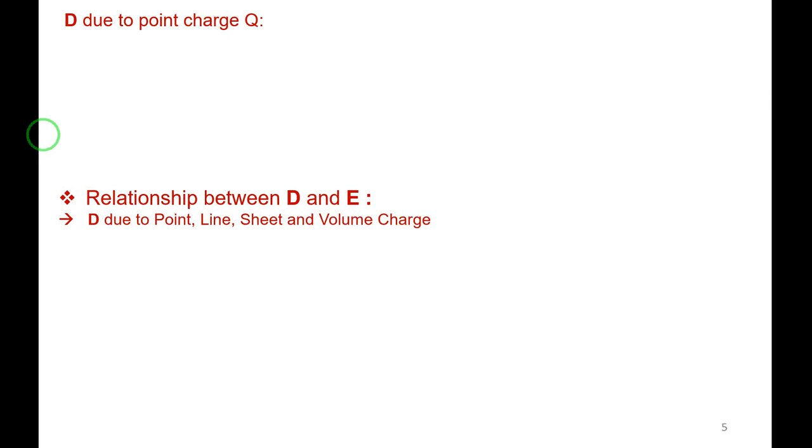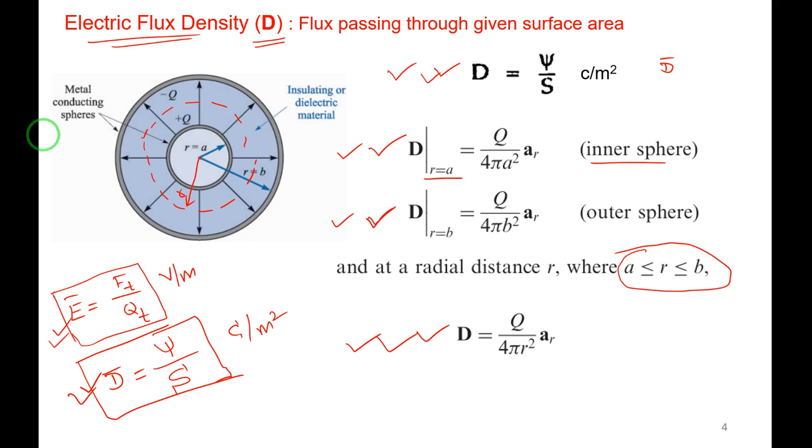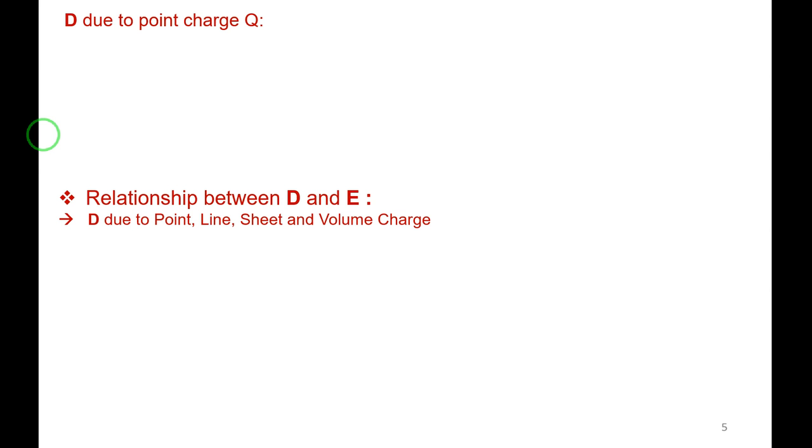Okay, next we will make use of the concept of electric flux density and try to calculate the electric flux density D due to a point charge, right? We know that the electric flux density is flux passing through unit surface area. If it is a smaller surface, a small amount of flux lines d psi leaves a small surface area dS. I will not take the vector, just the magnitude, flux passing through unit surface area.